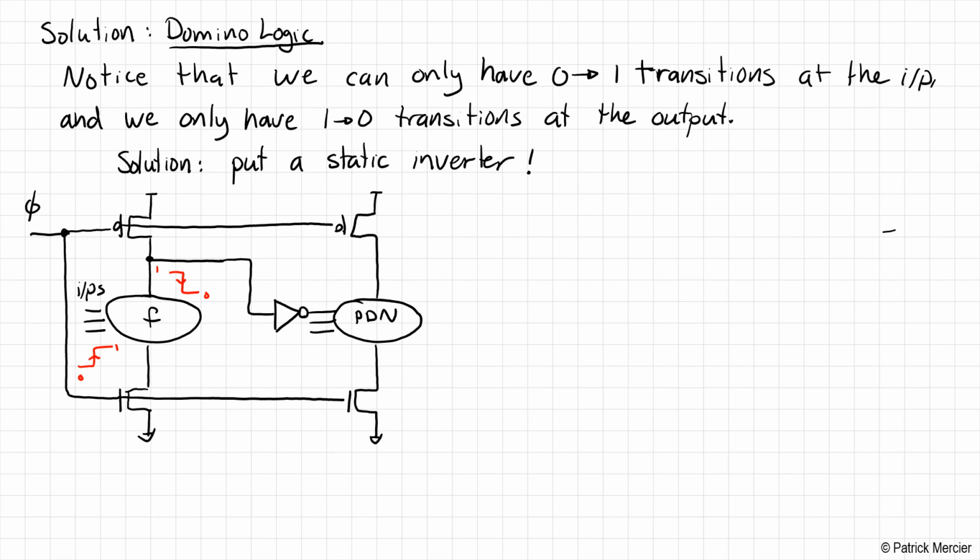I'm assuming it's just connecting through. Okay, so going through the static CMOS inverter, it'll create a signal that goes from 0 to 1, which indeed abides by our one rule. Okay, and then of course at the output here we have another inverter, which means that this signal is falling from 1 to 0, and this signal is rising from 0 to 1, and so on and so forth. Everything is perfect.